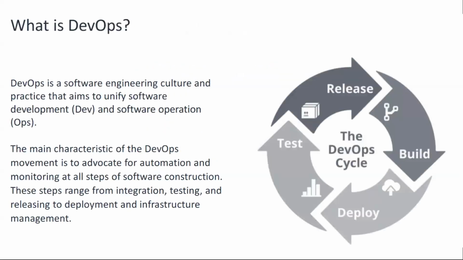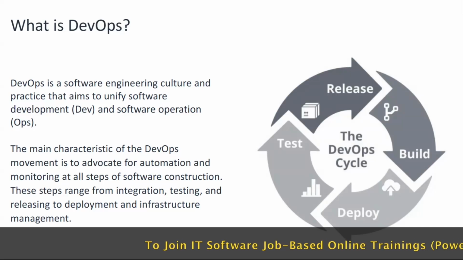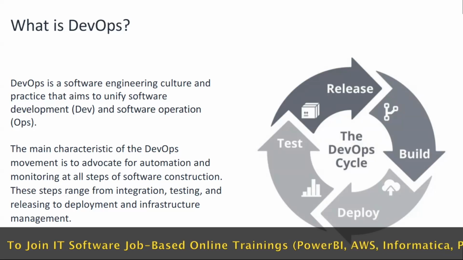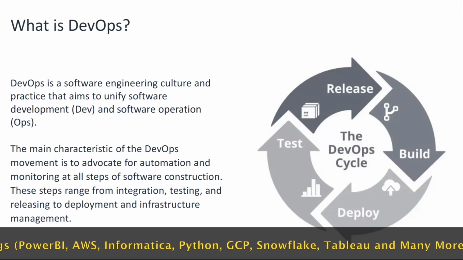As I mentioned, until now we were talking about what is DevOps. DevOps is development and operations. It's a culture that makes sure that the operations team and the software team work together. We make the process faster by automating tasks, but we also integrate monitoring and testing.